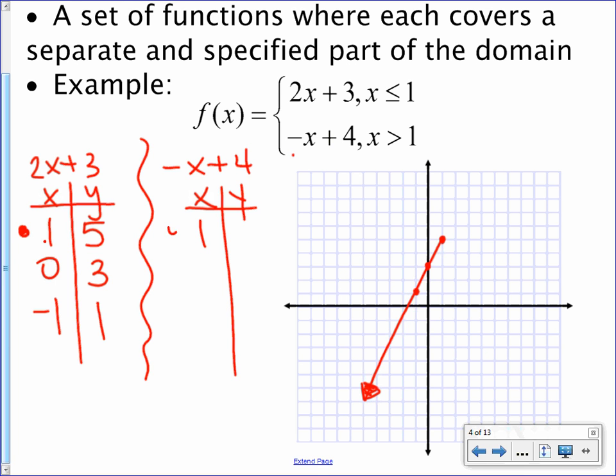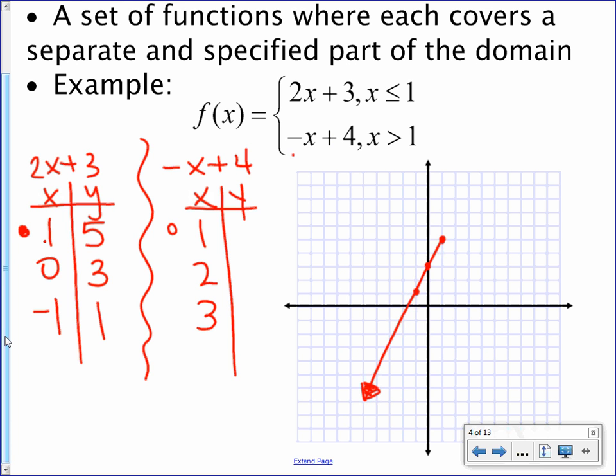No. So I'm going to make a note to myself that this coordinate has to have an open circle, because it's anything greater than 1. So we're going to start at 1, but with an open circle so it's not included. And then our domain gets bigger than 1, so I'm going to pick values bigger than 1.